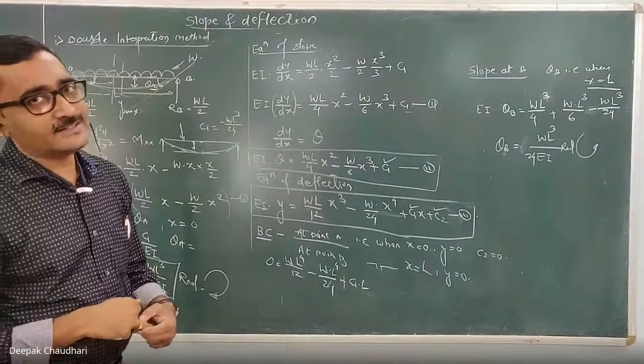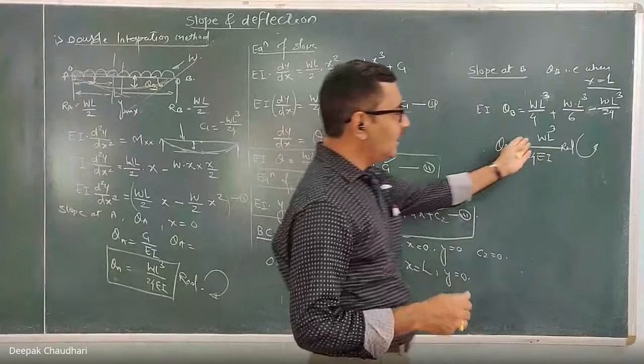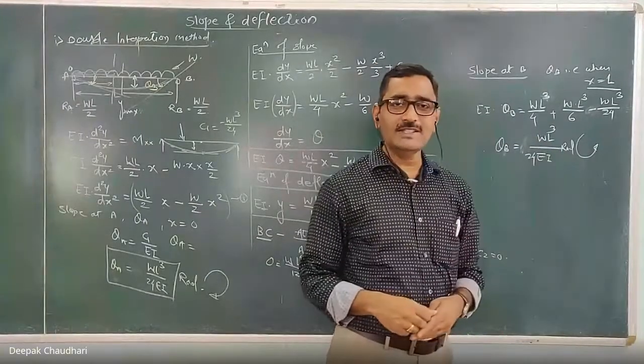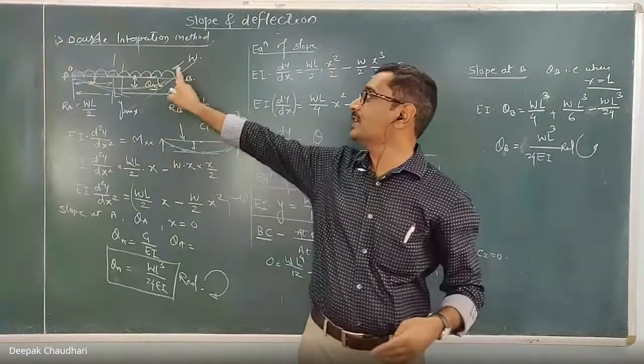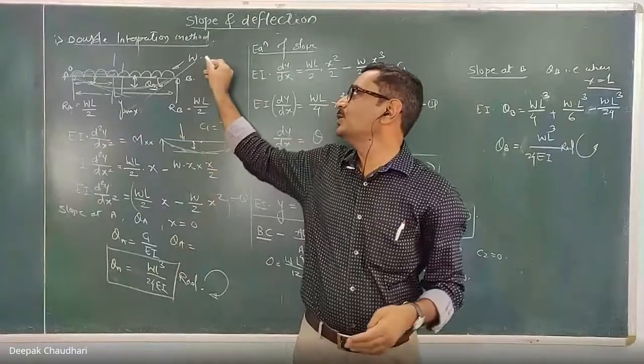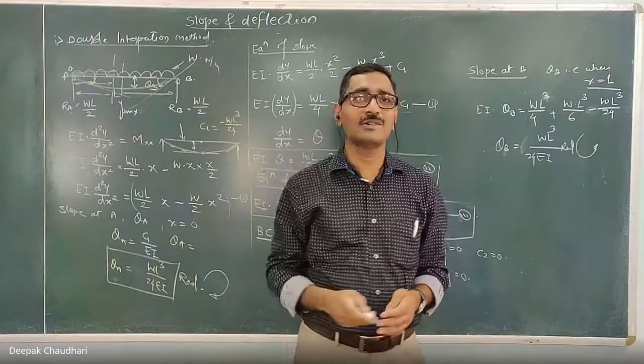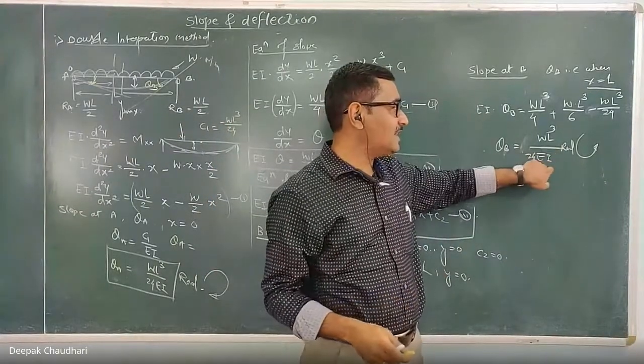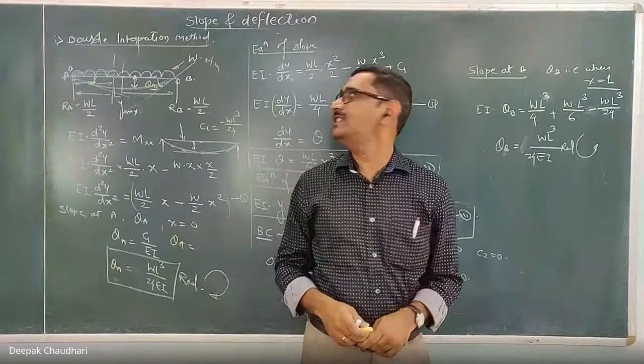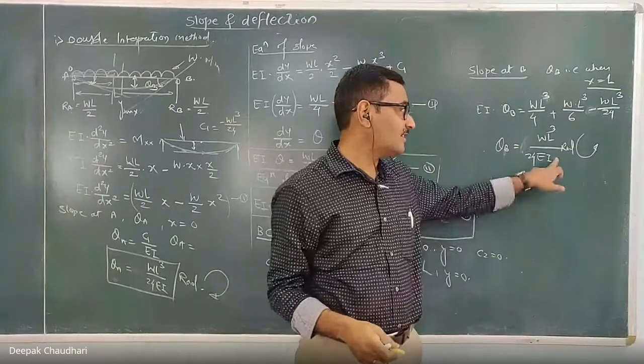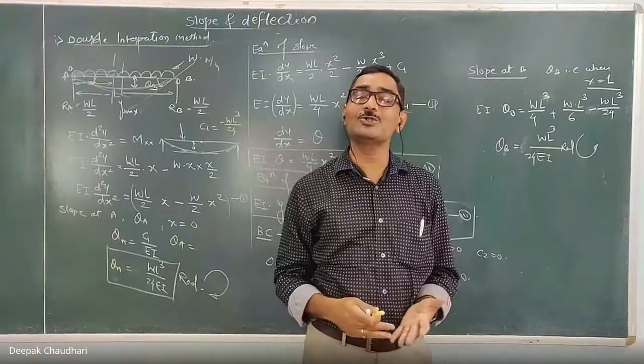Understood this, and use the units properly. W is the intensity of the UDL in this case. If it is in Newton per meter, then L must be in meter, E must be in Newton per meter square, and I should be in meter raised to power 4.